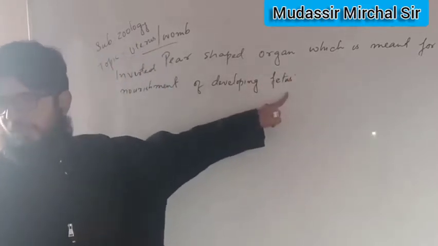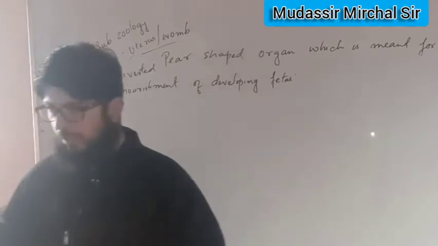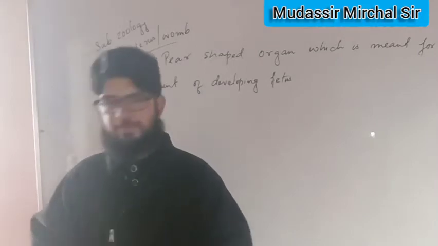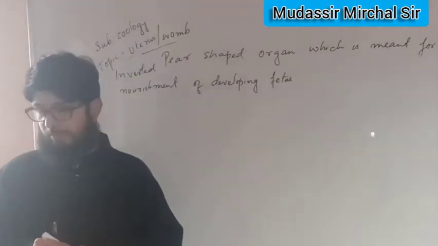Fetus remains there for the gestation period. रहता है अपने required time तक. In humans it is 9 months. हाँ, 9 months is the gestation period in case of humans.